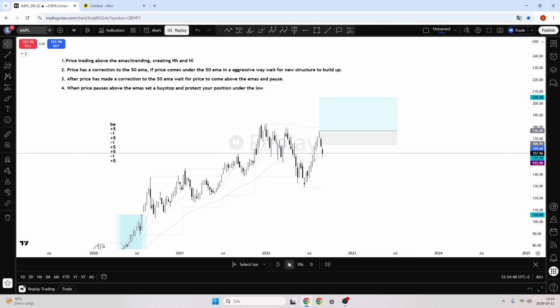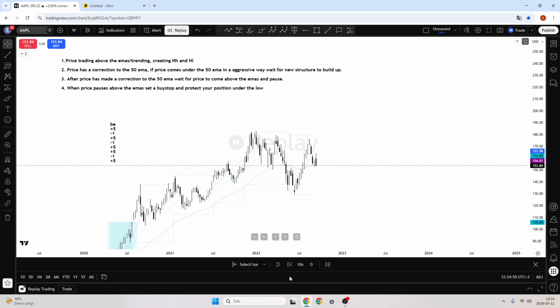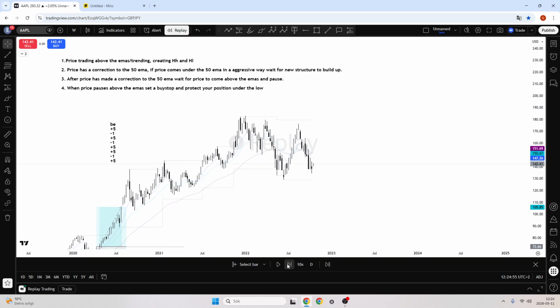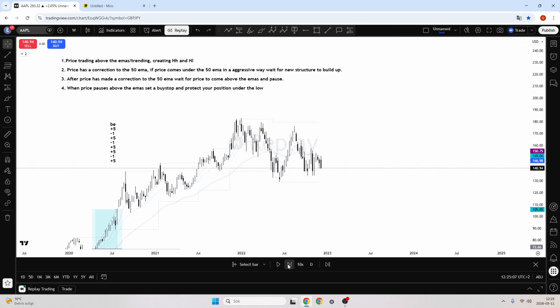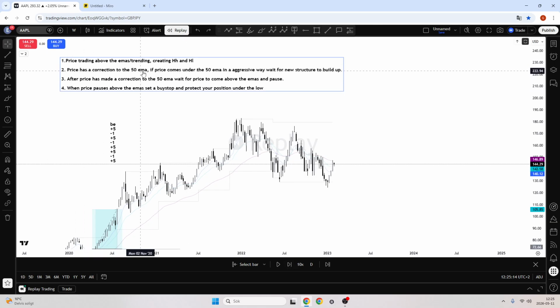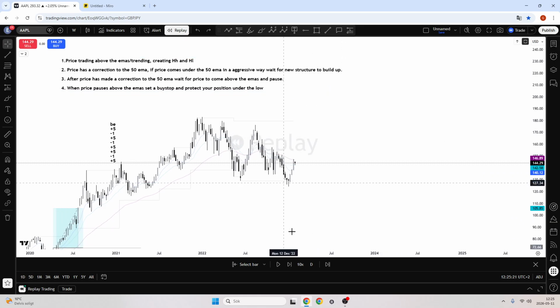So I will come back to the 50 MA. Let's see what we do. Yeah, we're starting to come down again to the 50 MA, but we still find support at these areas. I would wait for maybe a pause, but now we're selling off completely, so there's nothing for me to do. We just follow point 2. This is aggressive selling coming in, and I would wait for a new structure to build up.